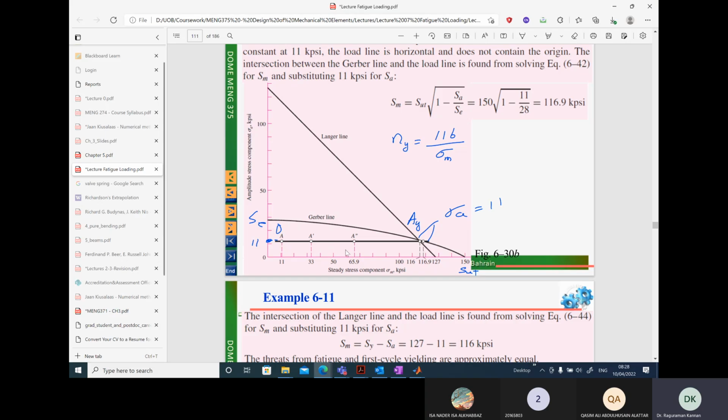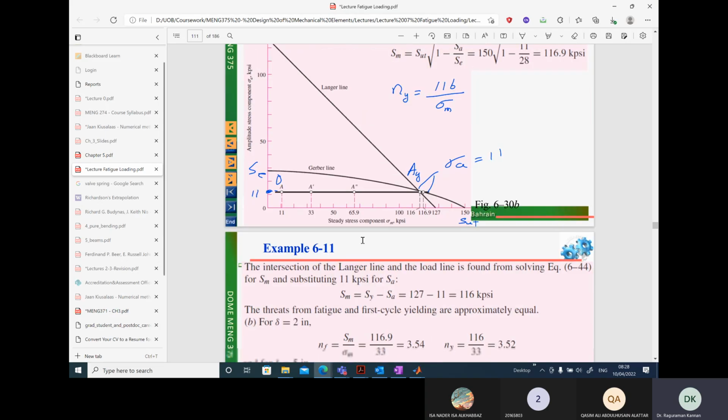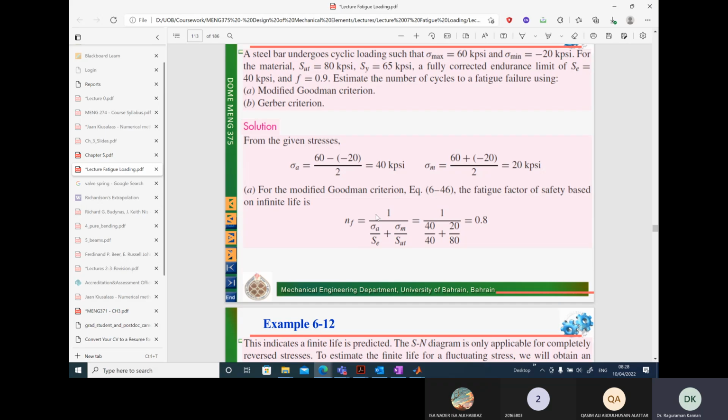So I did not predict the number of cycles to failure. On the other hand, in this particular problem, we are going to calculate the number of cycles to failure.